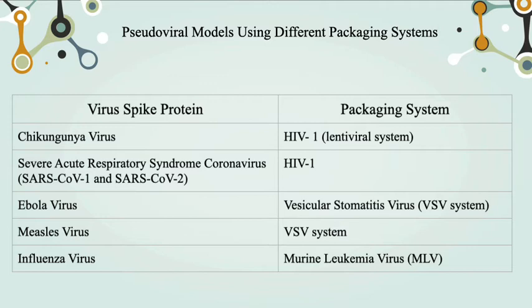Another reason why it is mainly used is because they are known to retain the genetic sequence needed for viral transcription and packaging. The Ebola virus and the measles virus use the vesicular stomatitis virus packaging system. This packaging system is used because of its versatility for creating pseudotype viruses.